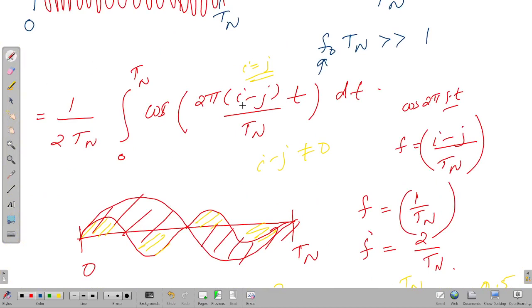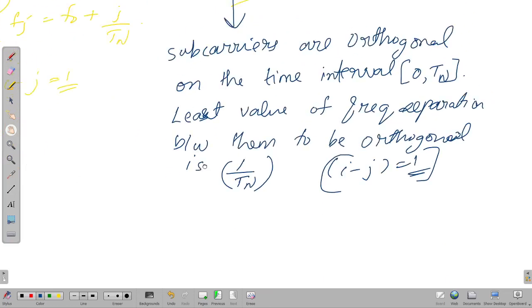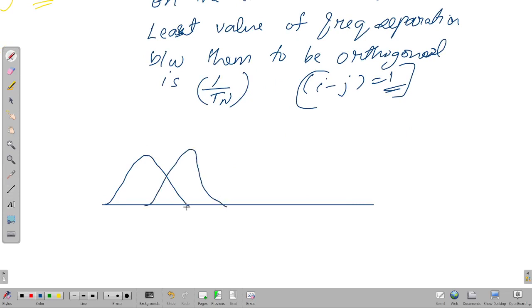You can see when i minus j is equal to 1, you have cos 2 pi by Tn into t, and of course that will integrate to 0. That is the least frequency separation value that you can have. So when you have subcarriers which are overlapping in nature, they are overlapping in nature.